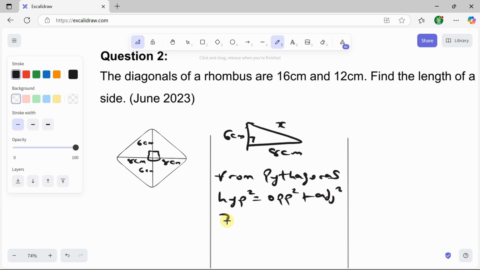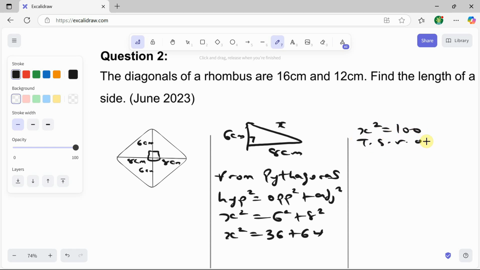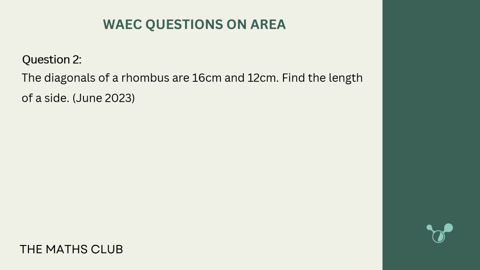So x squared is equal to 6 squared plus 8 squared, which is x squared equals 36 plus 64, so x squared is equal to 100. If I take the square roots of both sides, x will be equal to the square root of 100, and that would be 10 centimeter. So the length of a side is 10 centimeter. Let's see if we're correct. That would be option B.